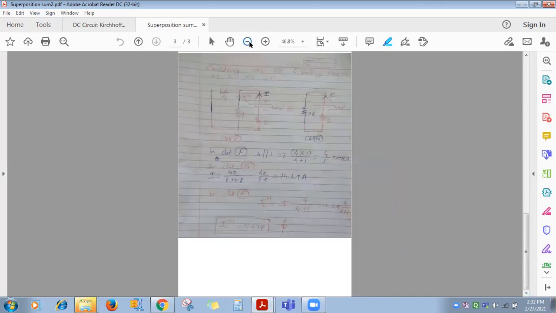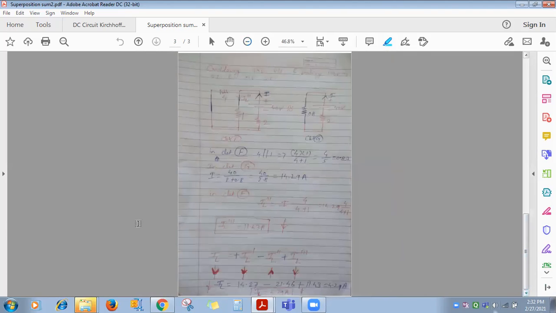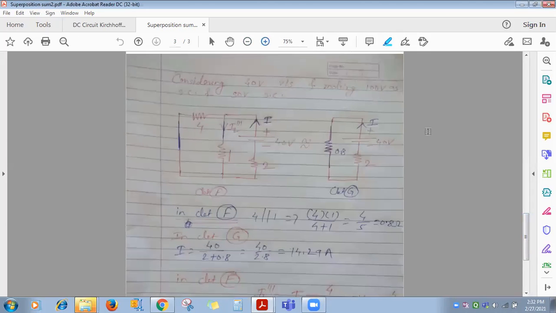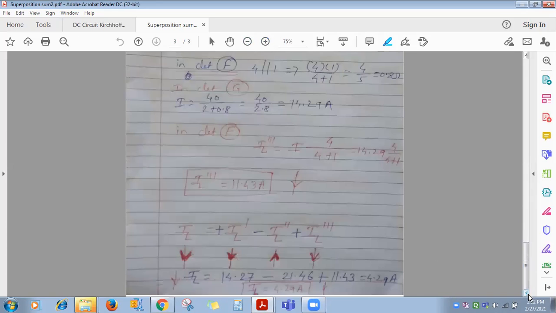This PDF I will post on the group. You cross check the calculations. If you have any difficulty, ask me. So now we have all the directions. I have assumed IL downward, and for the rest three, IL dash, IL double dash, IL triple dash, the direction was downward for the first, upward for the second, and downward for the third. With this one you can assume upward also, downward also, it doesn't matter.